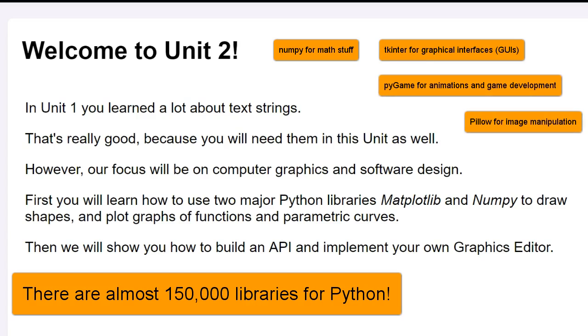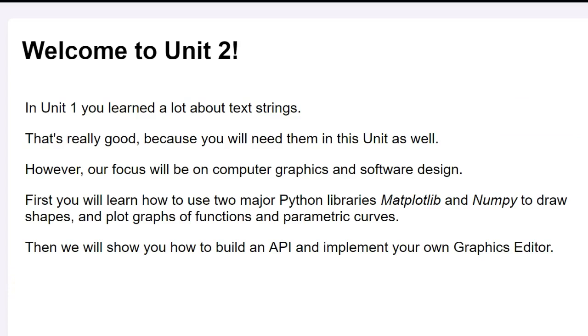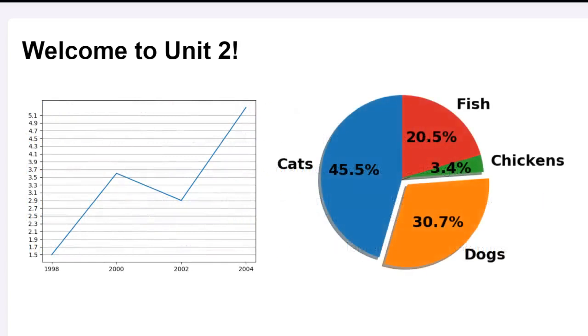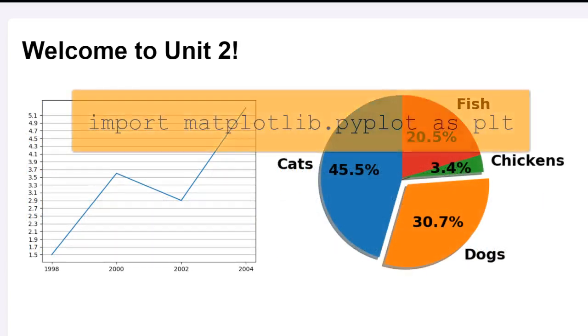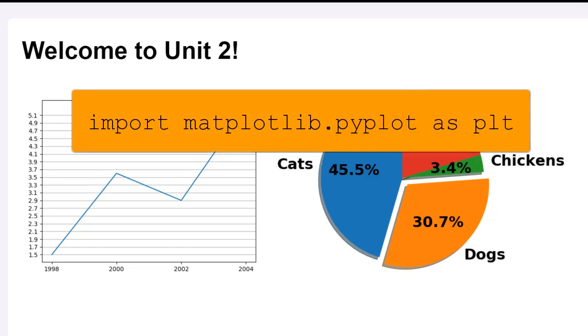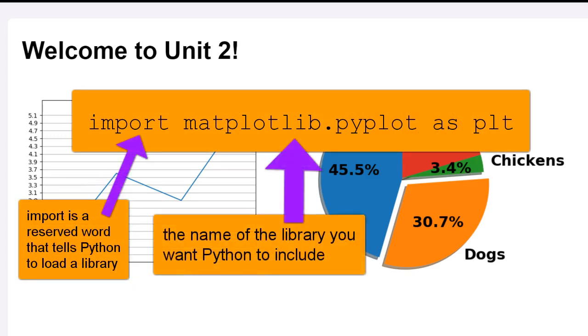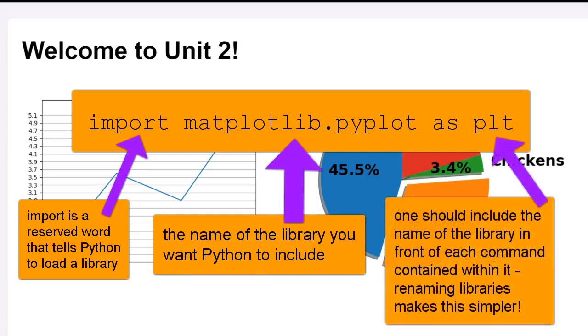create your own libraries. The Matplotlib library allows you to create two-dimensional graphs and data displays with just a few lines of code. To use a library, you need to import it first using the import statement. PLT is the abbreviation or shortened name we declare ourselves.